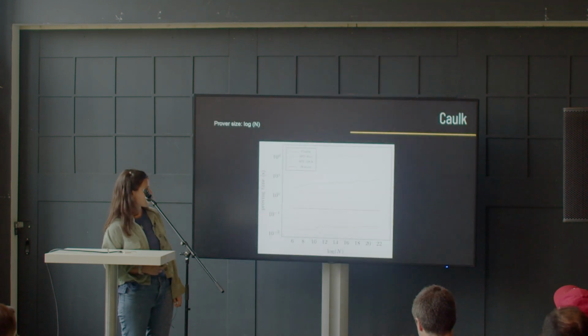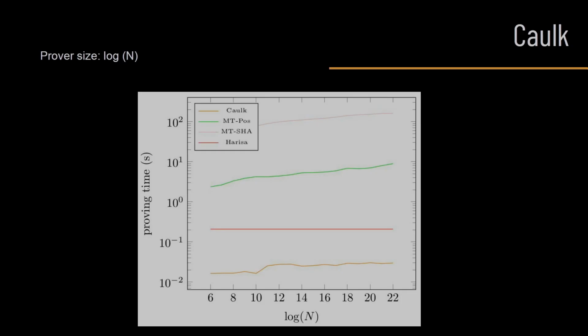And this recipe works. It did work for us. So I have some benchmarks here. This is a comparison with previous work in membership proofs. Our prover is logarithmic in the size of the big table. Caulk is the orange line that you can see below.